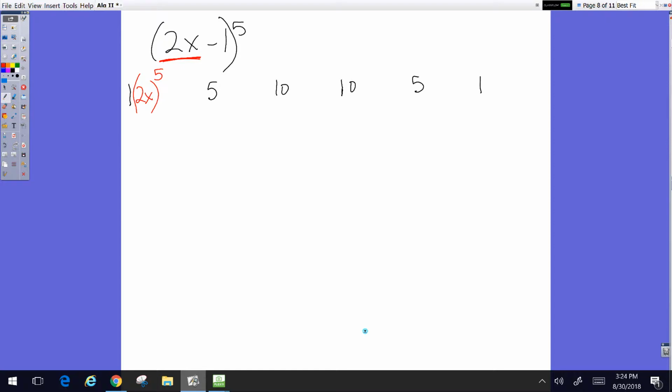And then beside the 5, we do 2x, but this time we go down a degree. So now we're at the 4th, and then 2x to the 3rd, and then 2x to the 2nd, now 2x to the 1st, and finally 2x to the 0.